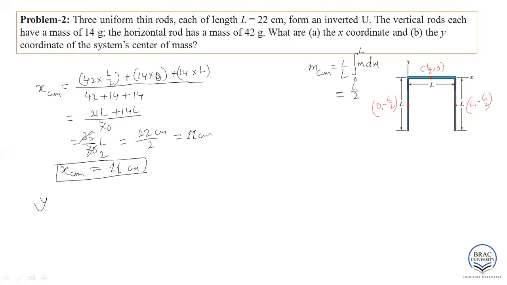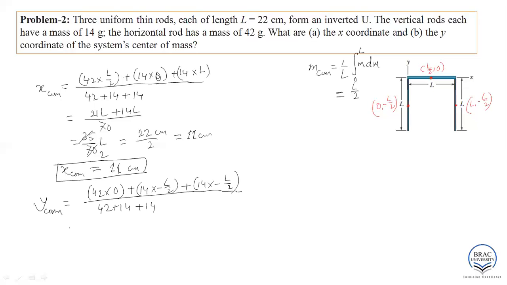Similarly, we can find the y coordinate of the center of mass. Here the denominator is 42 plus 14 plus 14. For the horizontal rod, the y coordinate is 0, plus 14 multiplied by the y coordinate of the left vertical rod, minus L by 2, plus 14 multiplied by the y coordinate of the right perpendicular rod, which is also minus L by 2.